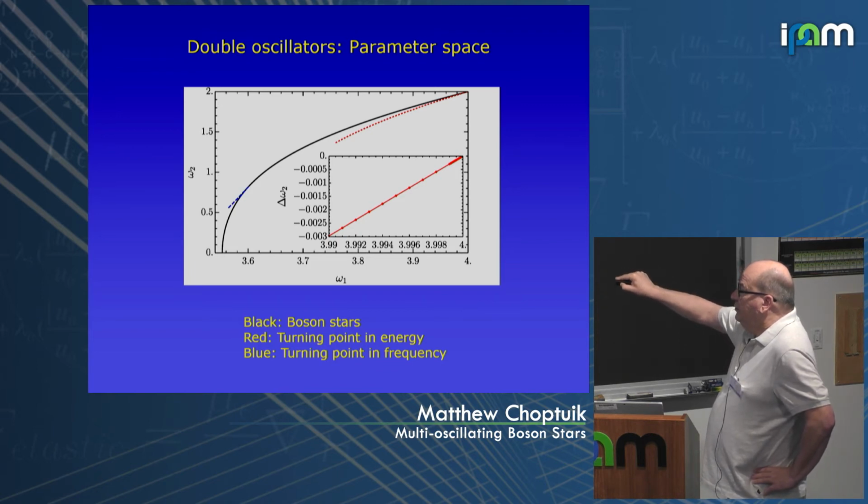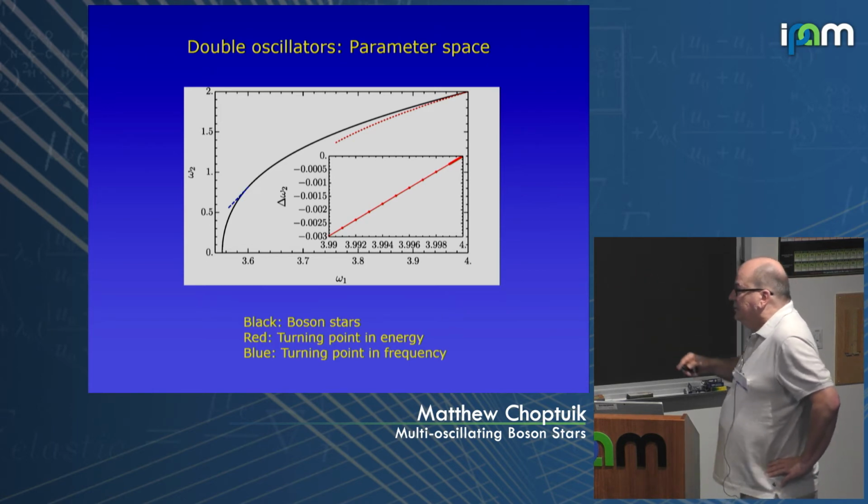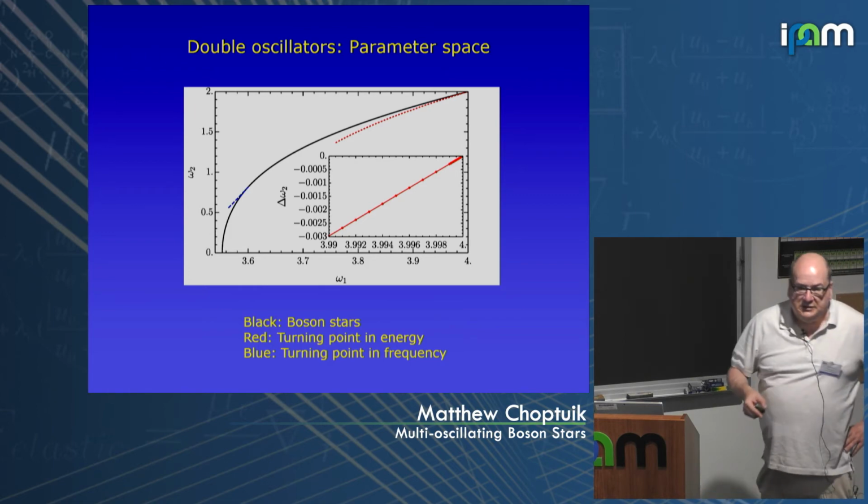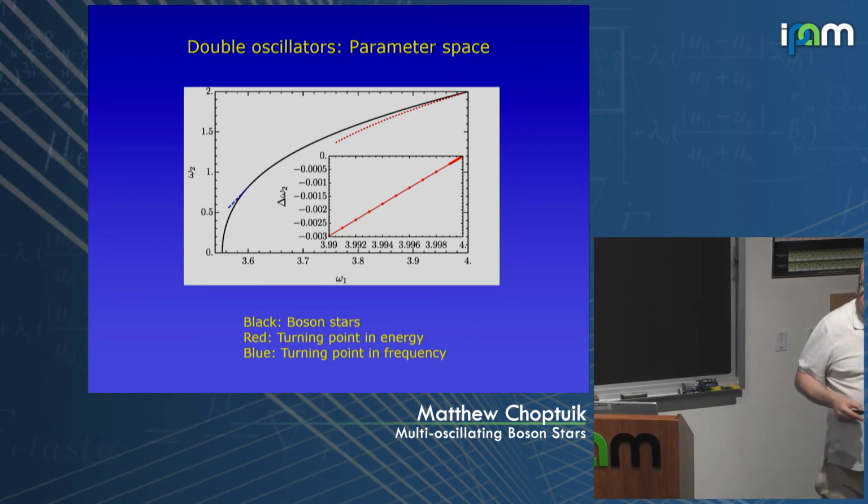The blue dashed line, which you can barely see here, represents a turning point in frequency. The key takeaway is that we can find these double oscillator solutions in the case of AdS. Whether you can rigorously show that they exist is definitely an open question, but it's something I think could be addressed by somebody who wanted to do so.